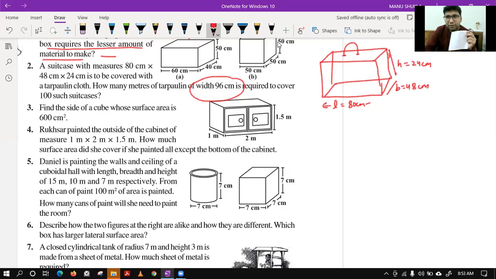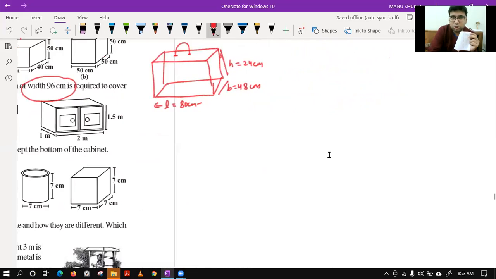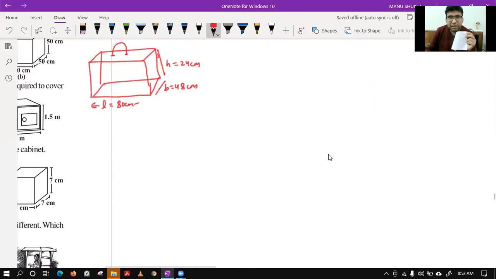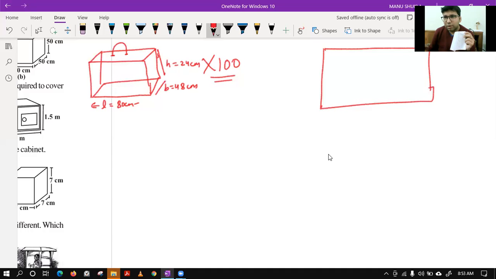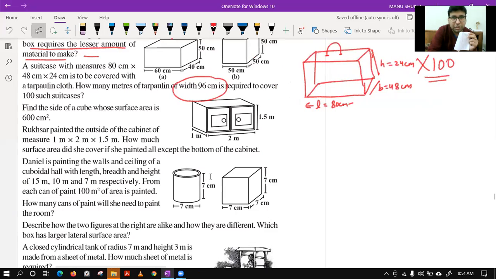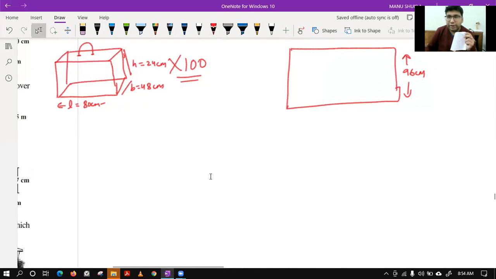So let me draw a diagram just to show you. This was a suitcase. There are 100 such suitcases, and there is the cloth that you have purchased. But there is one unknown fact about the cloth. You know that it has a breadth of 96 centimeter, but what is unknown is the length that was purchased.